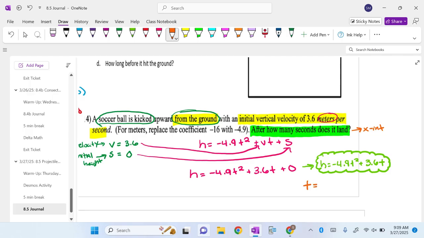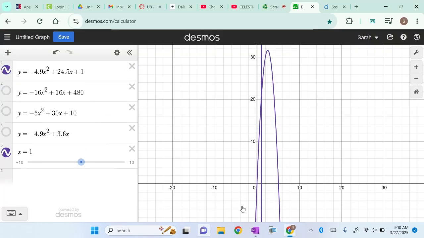So what's t when it hits the ground? How many seconds does it take to hit the ground? Say it again. 4.75. Okay. So we're looking at this one. Guys, you don't need to be talking.